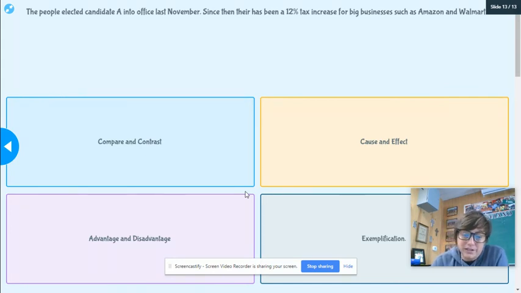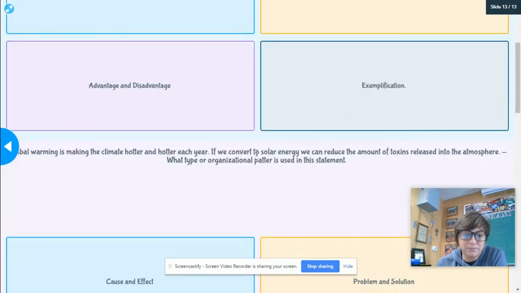So the correct answer here is cause and effect, right? Because people elected candidate A into office last November, then there has been a 12% tax increase, okay? Because one thing happened, this happened, okay? So that would be cause and effect.